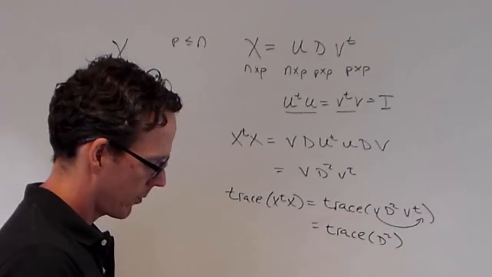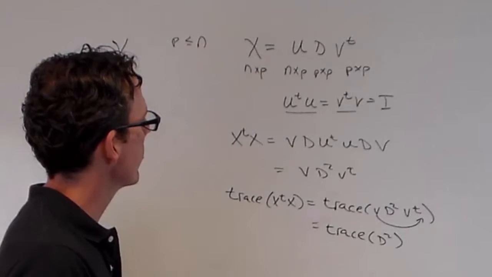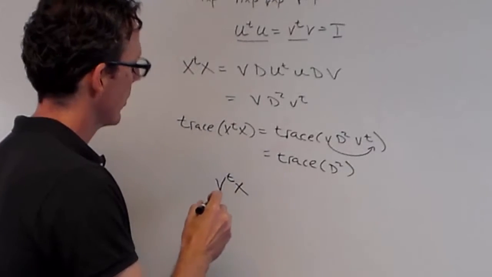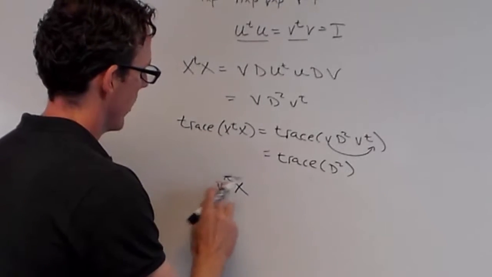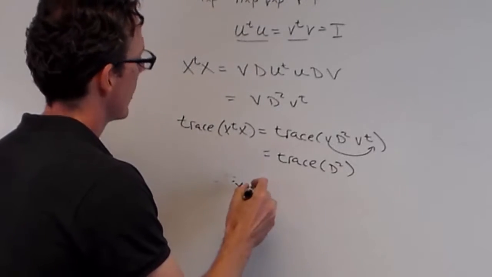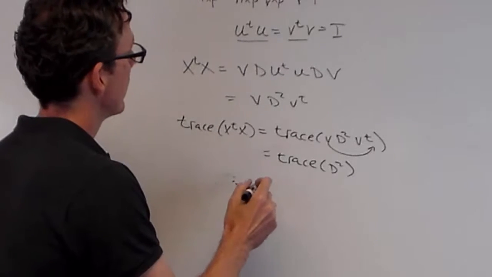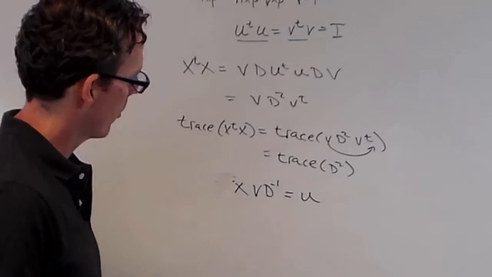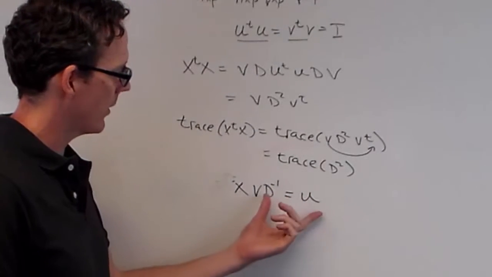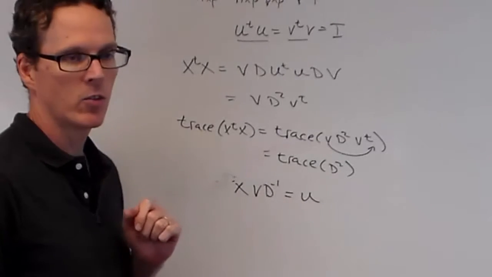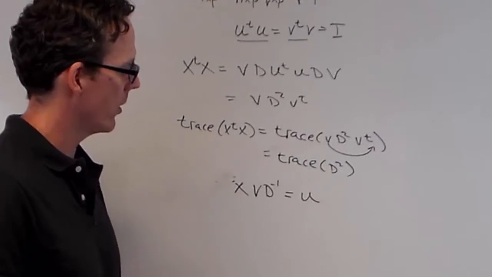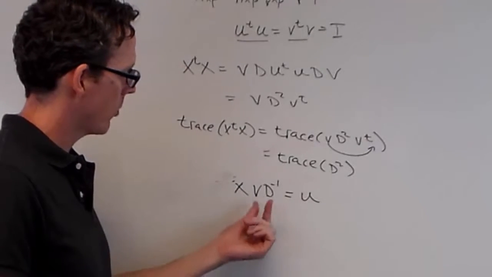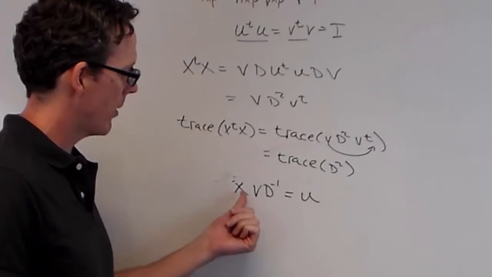So consider the way to do this. Okay, notice that x times v times d inverse is equal to u. So a way to think about how we get at the scores, the vectors associated with u, is by multiplication of x by v.